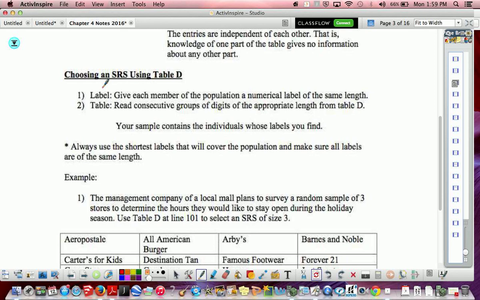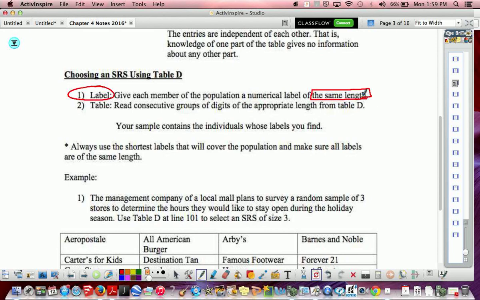The first thing you need to do is label. You need to give each member of the population a numerical label, and this is the most important part, of the same length. So if I have a random sample of 20 people, or 40 people, or even 70 people, I want to give each person or object, whatever I'm talking about, the same number of digits.